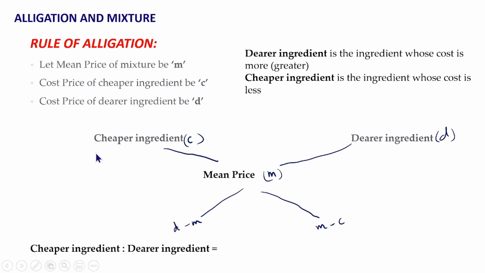This part will show the proportion of cheaper ingredient and this part will show the proportion of dearer ingredient.